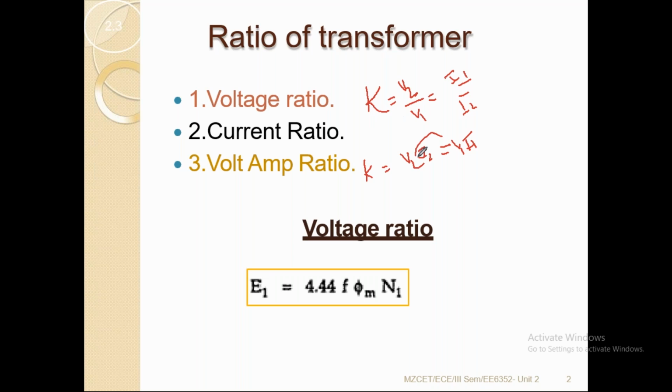Now this transformation ratio we can finally obtain from the EMF equation. This equation represents the primary winding, right? This equation is mainly obtained from the form factor. So how do we define the form factor?